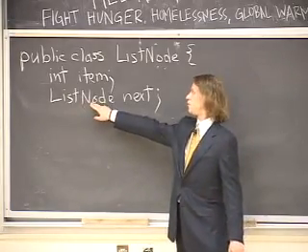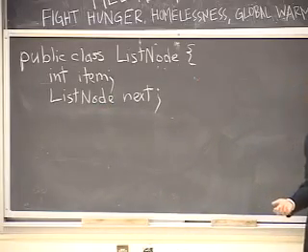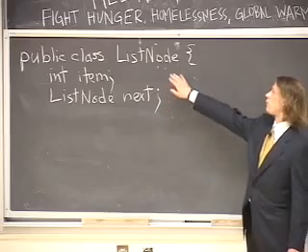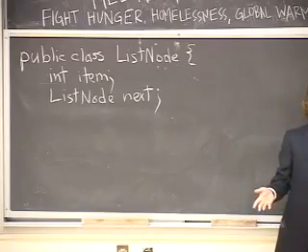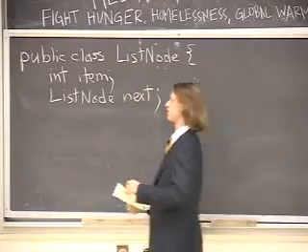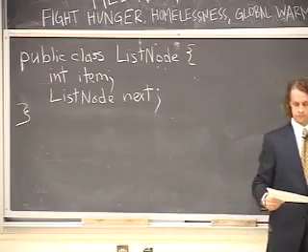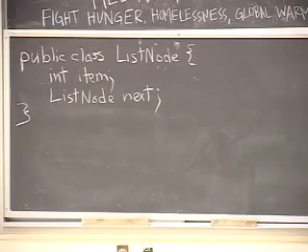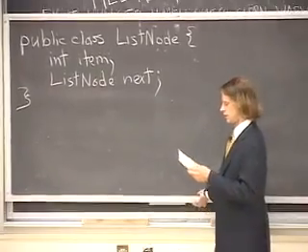You'll notice that I'm using ListNode to declare a field before I even finish defining the ListNode class. And that's okay. That's part of why I said this is a recursive data type. But Java lets you do that. Not a problem. So now we've got a class. Let's go ahead and make some list nodes.